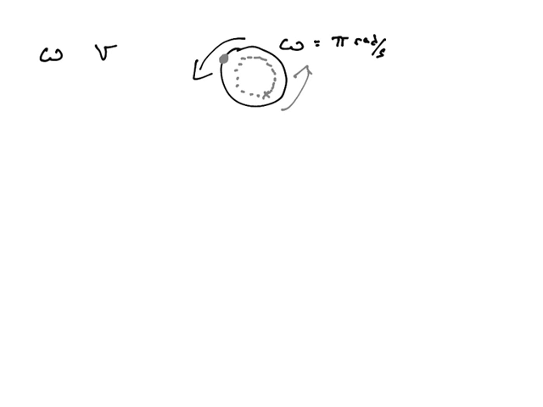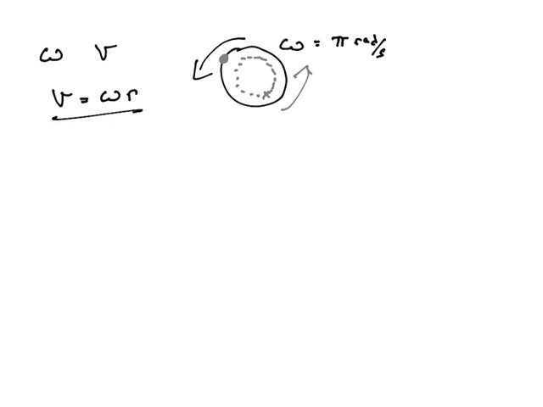And the relationship between the angular velocity and the linear velocity we've seen before. The linear velocity is given by the angular velocity times the radius, where the radius is the distance to the point you're calculating. Okay.